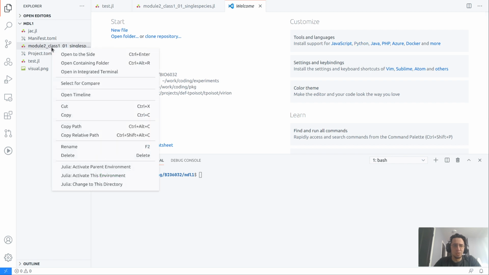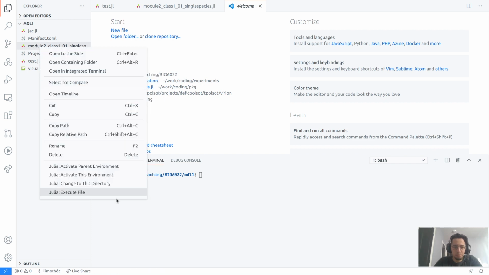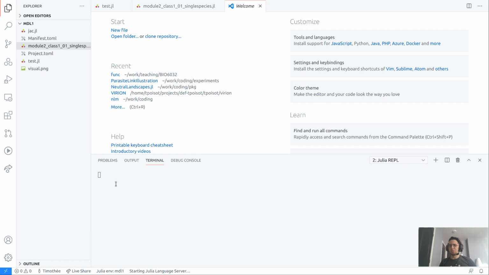Another thing you can do, when you are working on a Julia project, is right click on any file, and in the menu here, go to change to this directory. This is going to bring you to the correct directory. So that is one way of making sure that you are also working in the right place.